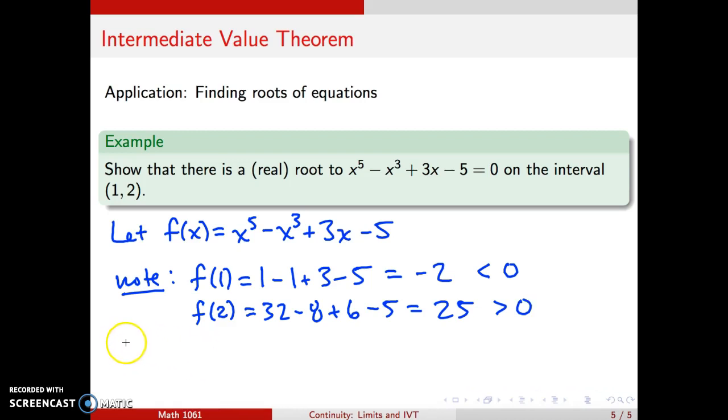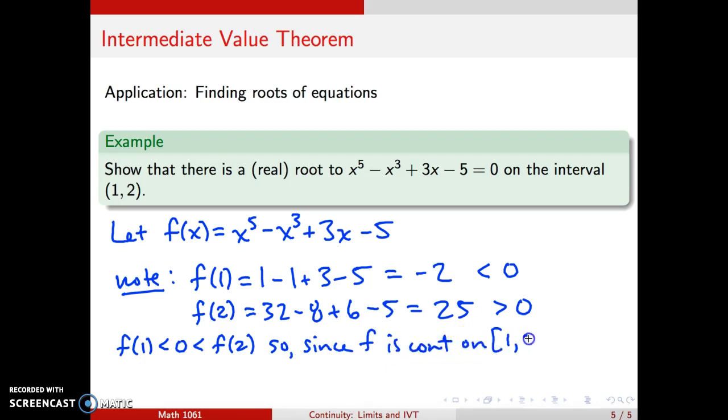Notice that in between, 0 is between f of 1 and f of 2. Now, f is continuous on the closed interval 1 to 2, but it's actually continuous everywhere.